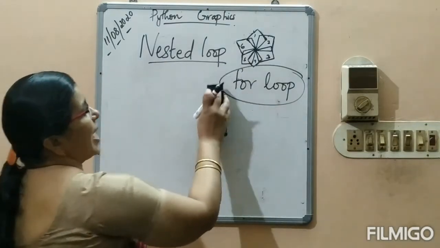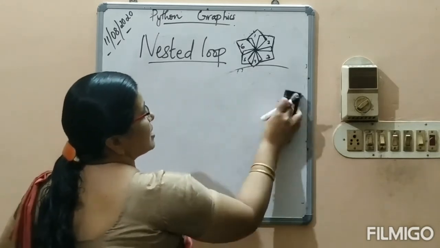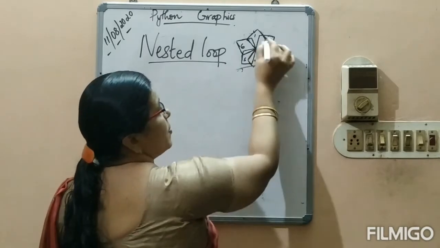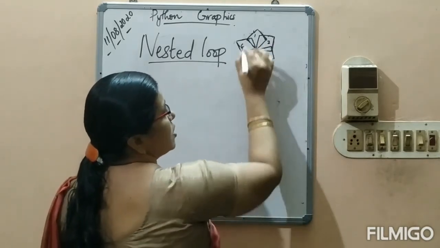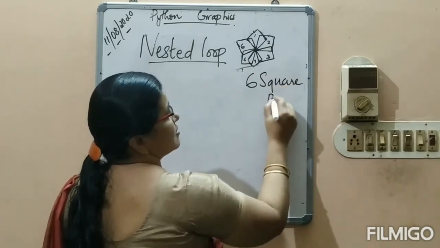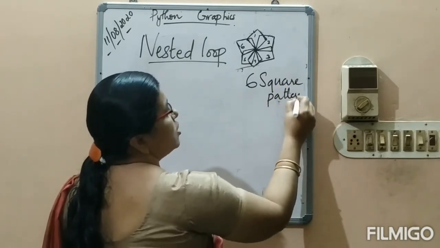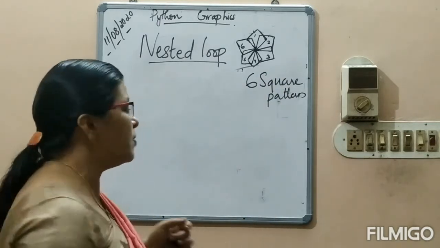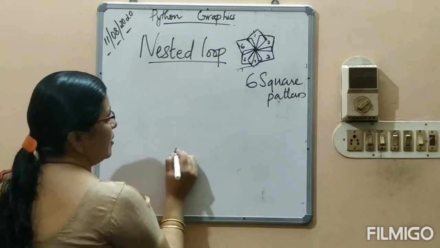To draw this pattern, how will you identify the pattern? How many are there? 6. What is the figure? Square. A 6 square pattern. You know how to draw a square. What is the for loop for drawing a square?